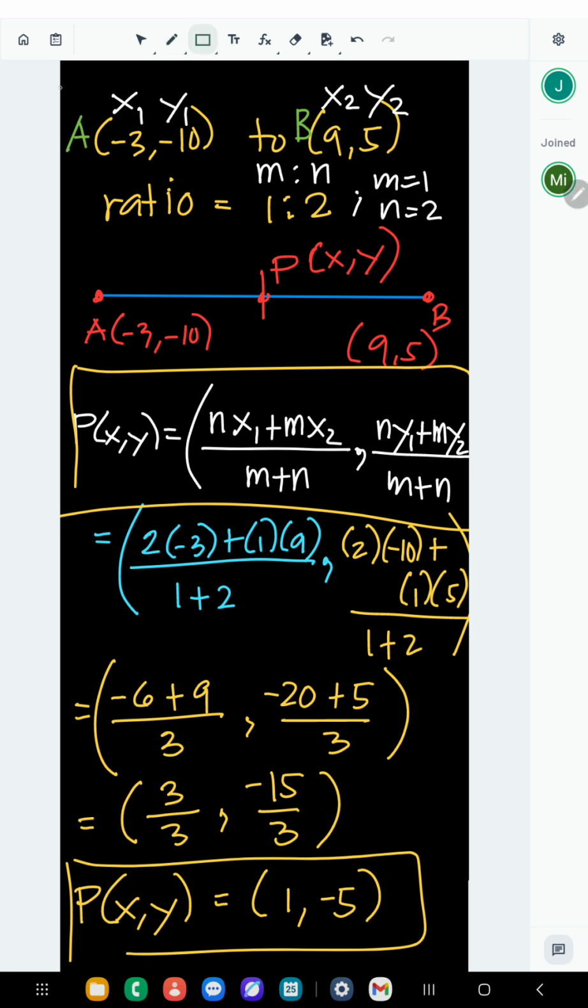So let's solve number 15. What are the coordinates of the point on the directed line segment from -5, -10 to 2, 4 that partitions the segment into a ratio 2:5.